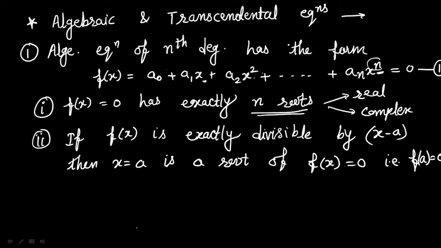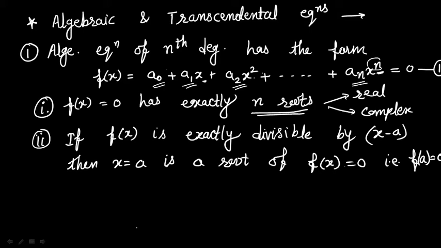Now algebraic equations of nth order has the form f of x equal to a0 plus a1x plus a2x square up to an x to the power n. Here a0, a1, a2 up to an are constant values.